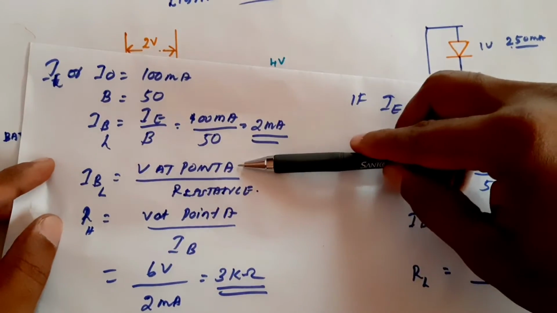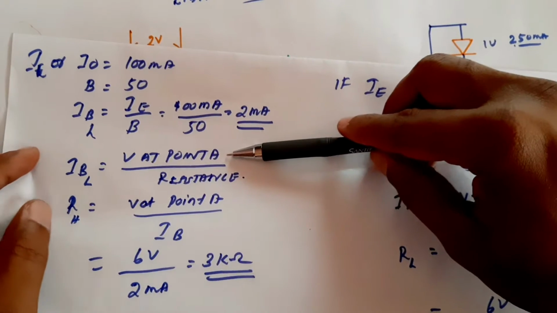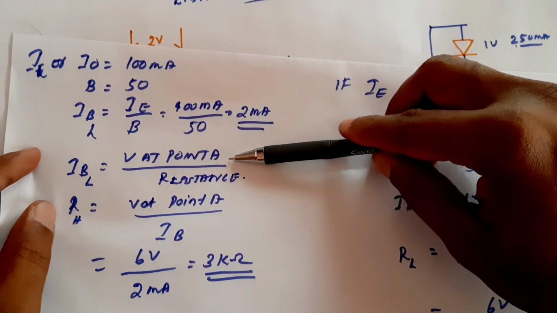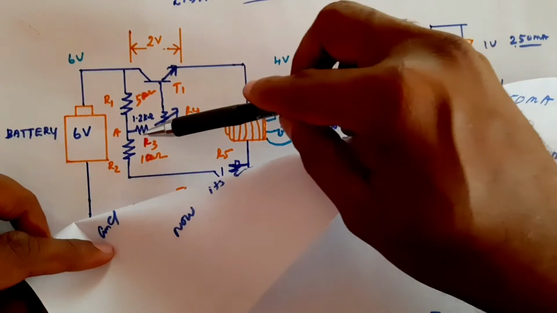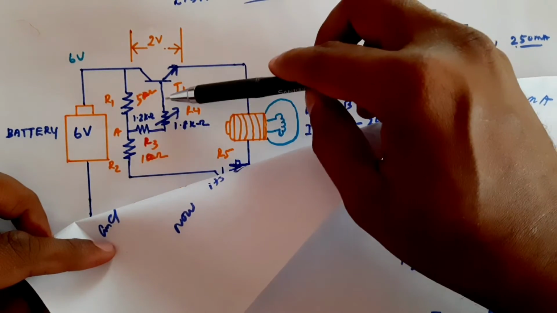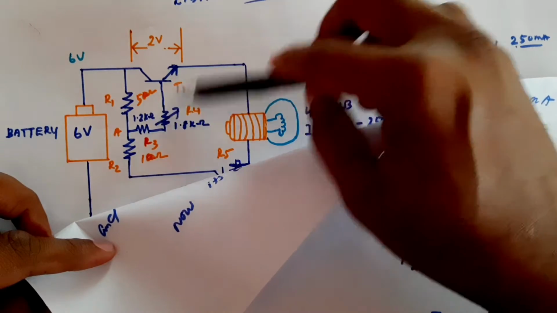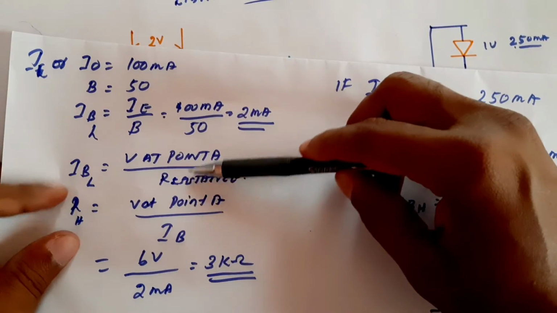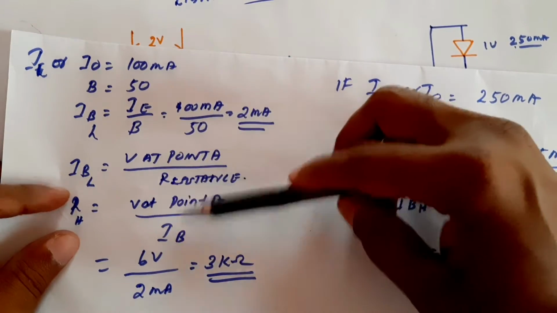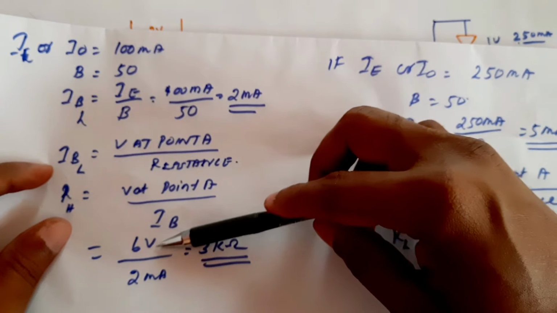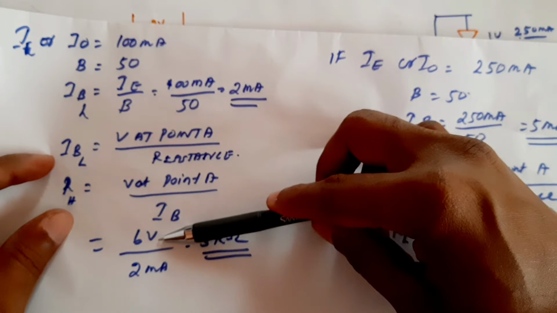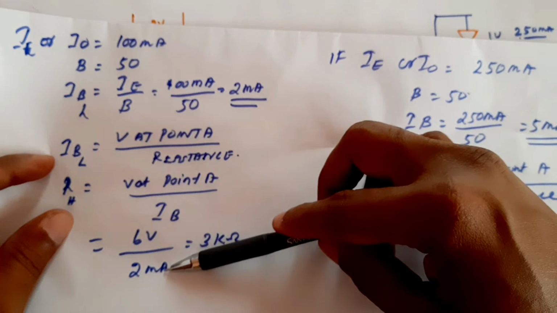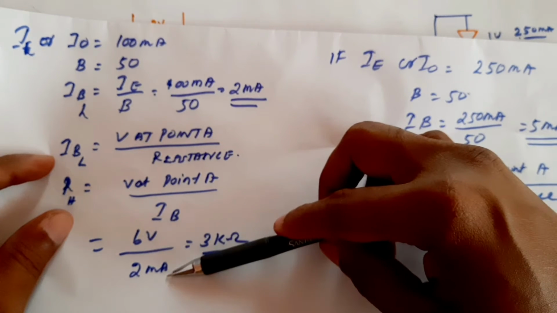So the voltage at point A is 6 volts, and 6 volts divided by this resistance will give the current through this. So we have to get 2 milliamperes of current.